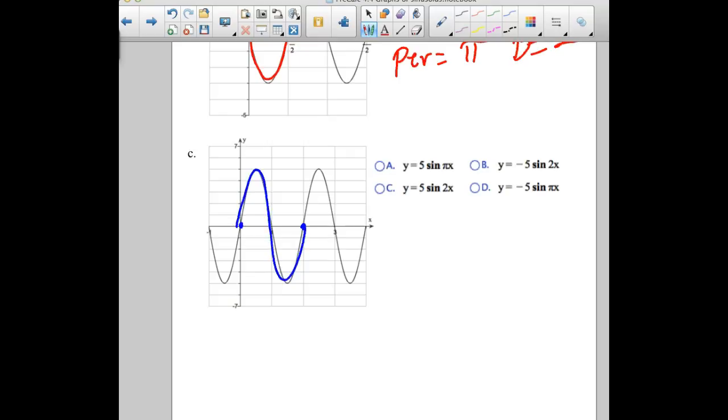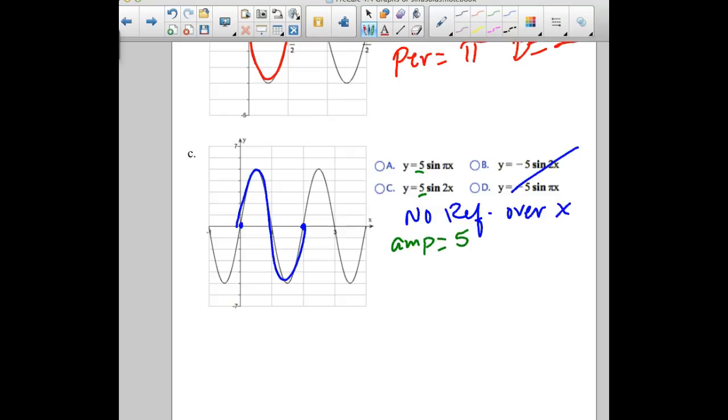Have I reflected over X? No, I went from 0 to my high point, so there's no reflection over X, which means I can eliminate my negative options. Okay. Do you agree that the 5 is correct here? Okay, we have an amplitude of 5.